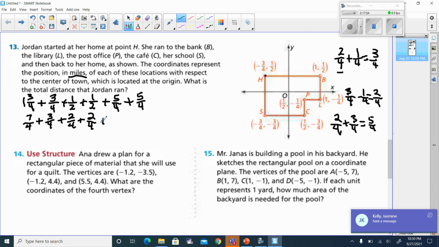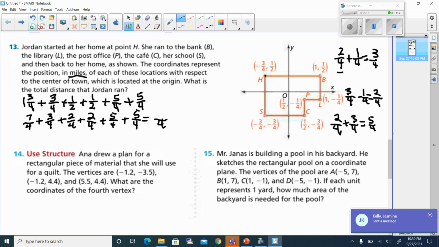plus 5/4, plus another 5/4. I have all of the numbers that I'm going to add together. Now that my denominator is the same, I can just add my numerators.